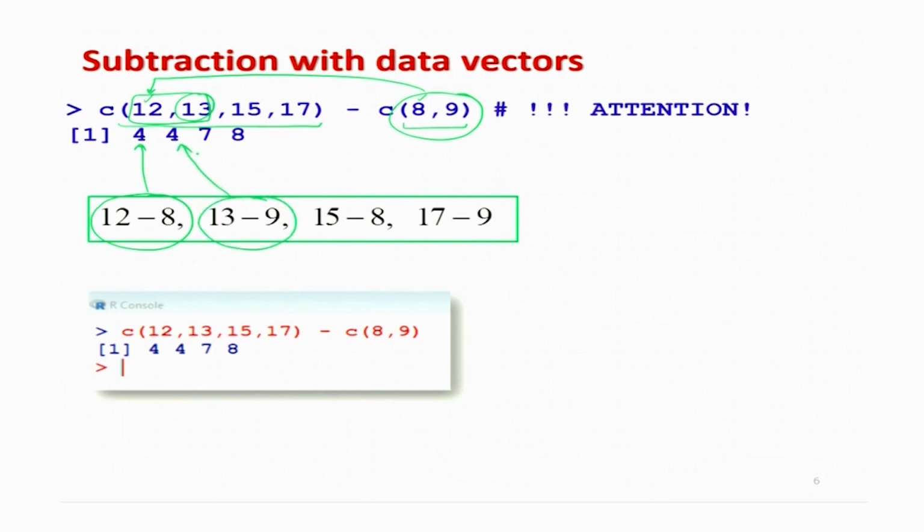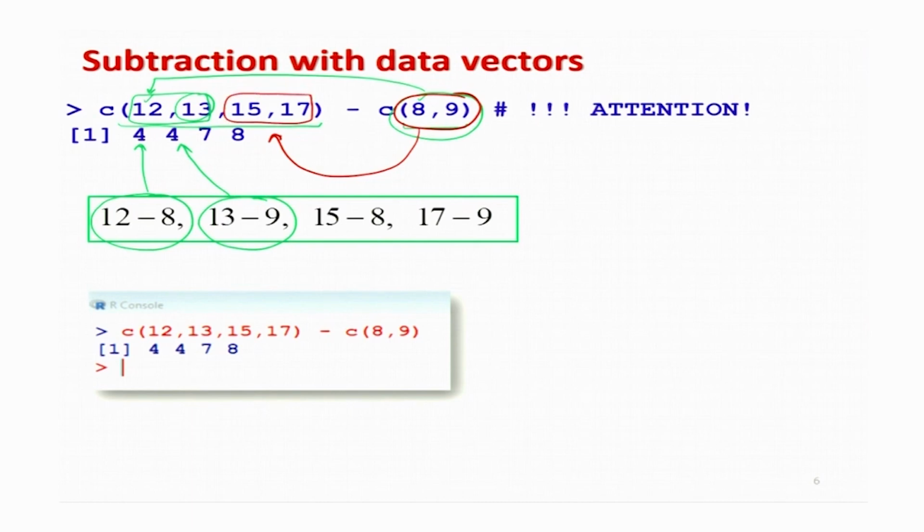Now, after this, R does not know what to do. So, what will it try to do? It will try to copy the same data vector which is of shorter length, 8 and 9, and bring it here. And this 8 and 9 will be operated with the remaining 2 values in the data vector 1.